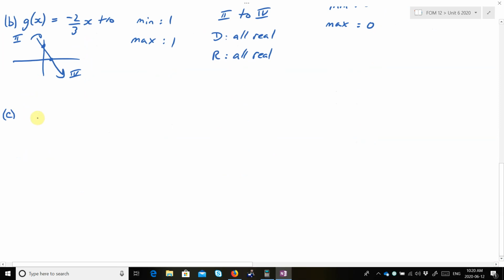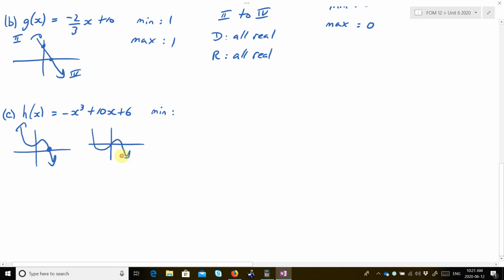Okay, letter C is h of x, which is equal to -x cubed plus 10x plus 6. The minimum number of x-intercepts, so this is a negative cubic. It could, in theory, only hit in one spot, or it could have 3 x-intercepts.